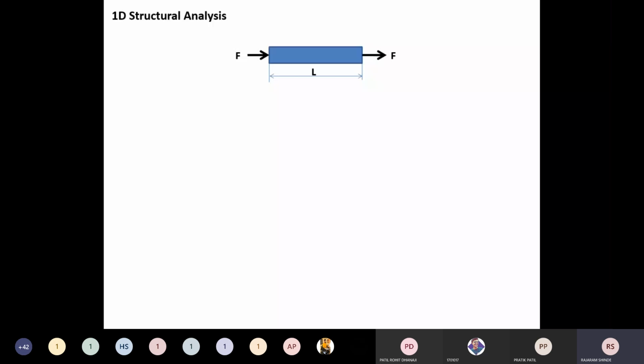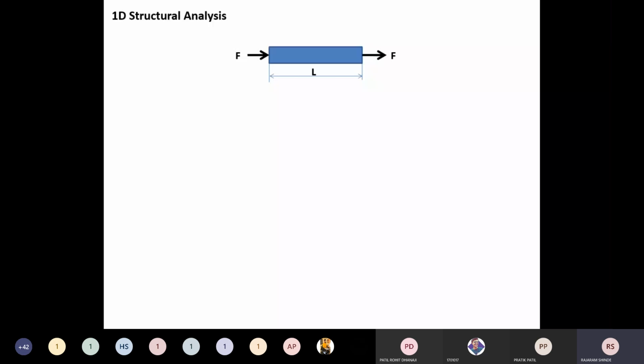If any one dimension is very big compared to the other two, like for example the push rod in an engine, which has a length very high compared to its diameter, then one dimension is bigger than the other two. In this situation, you have to go for a one-dimensional element.